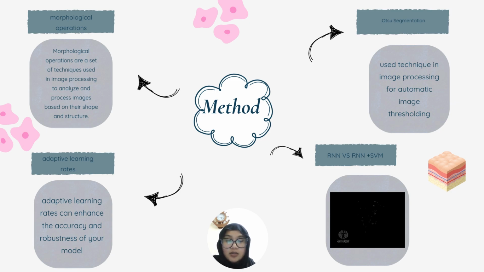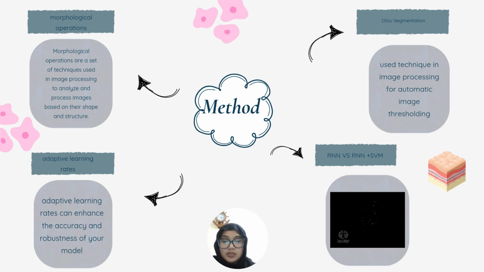Then Otsu segmentation: this method automatically finds the best threshold to separate an image into foreground and background, like detecting a tumor in a medical image or extracting text from a document. In our project, we use it to detect the basal cell in the medical image.